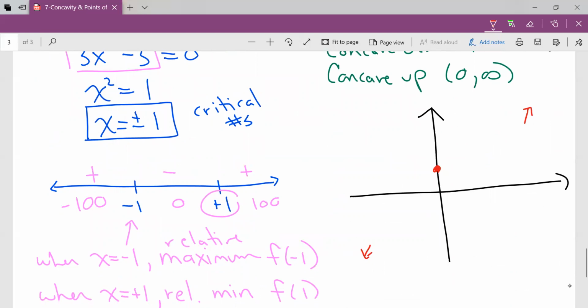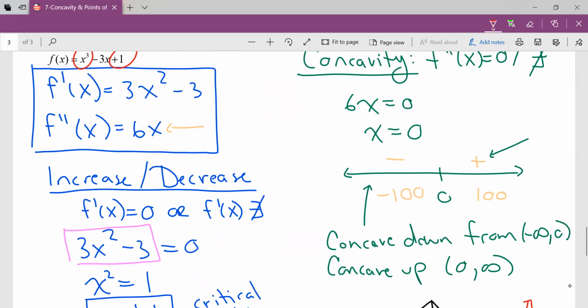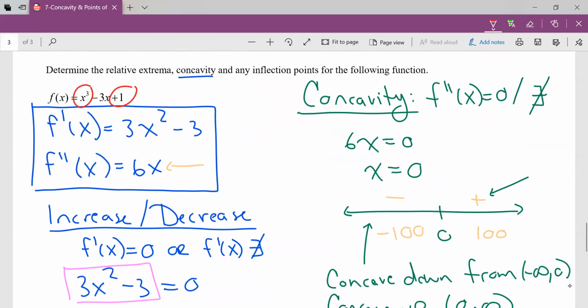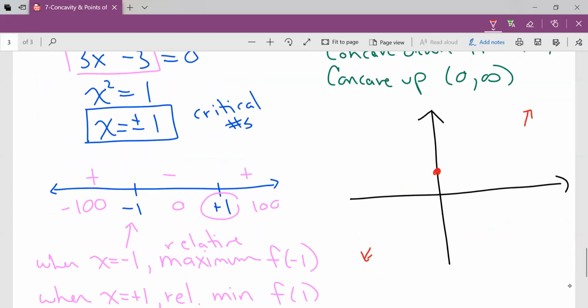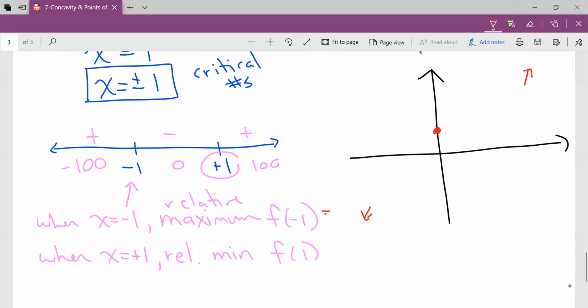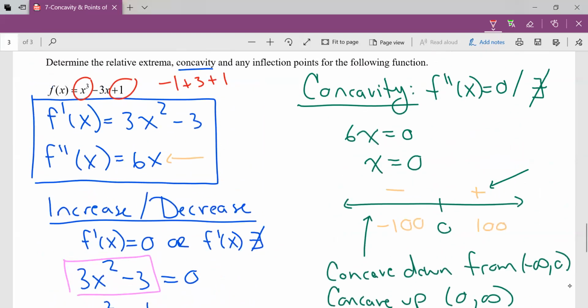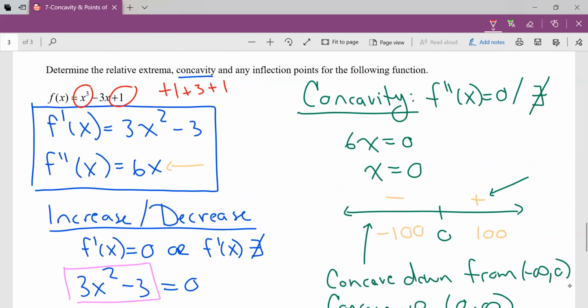Okay, we've got a relative max at -1, and let's actually find what that is. So when x is -1, if we sub that in here, we would get -1 plus 3 plus 1. That sounds like 3 to me. And if we subbed in x is 1, we would get +1 minus 3 plus 1.